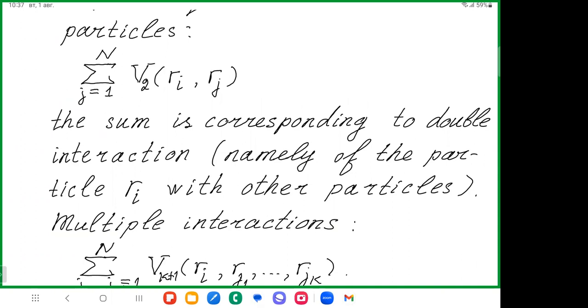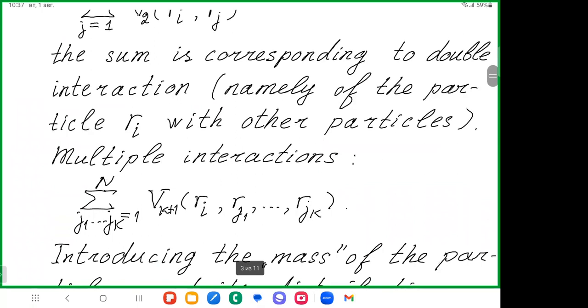The same can be written if we want to have a multiple interaction, for example, k plus 1. Then we use the following multiple sum, which reflects the interaction of the particle R_i with the sets of other particles R_j1, and so on, R_jk.